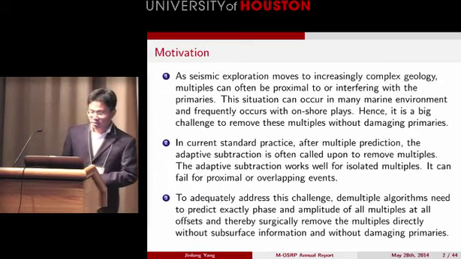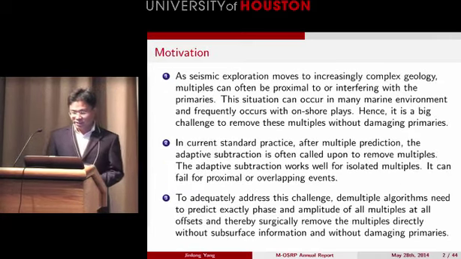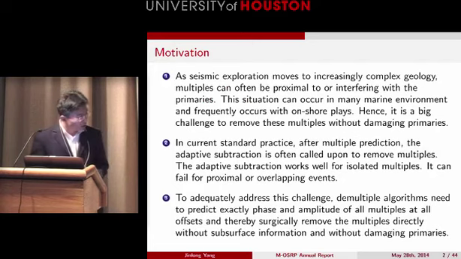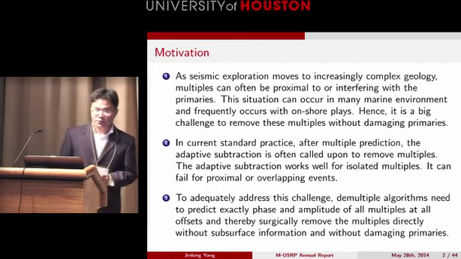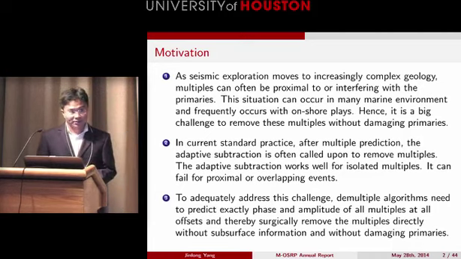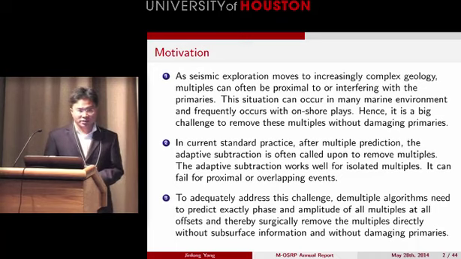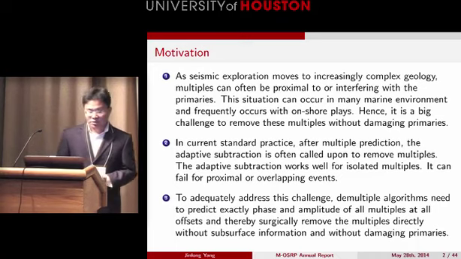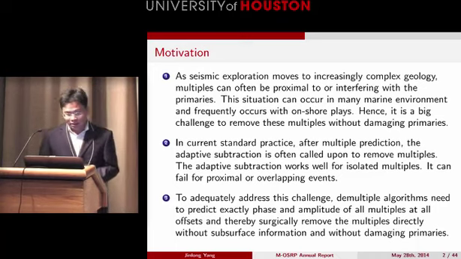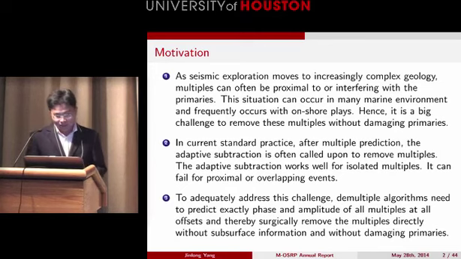As seismic exploration moves to increasingly complex geology, multiples can often be proximal to or interfering with primaries. This situation can happen in many marine cases and frequently happens in onshore places.